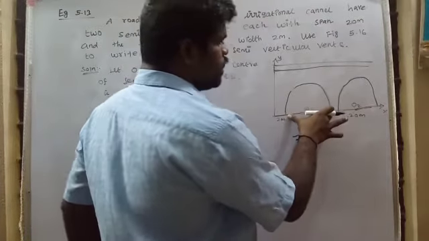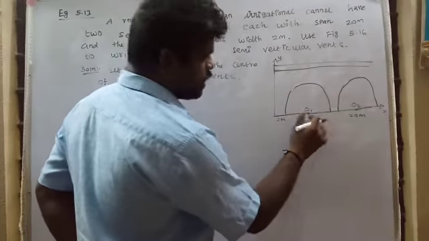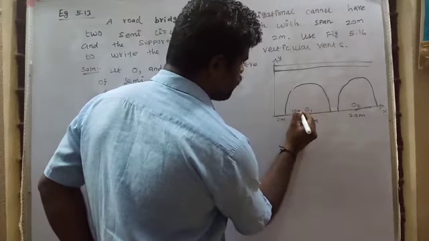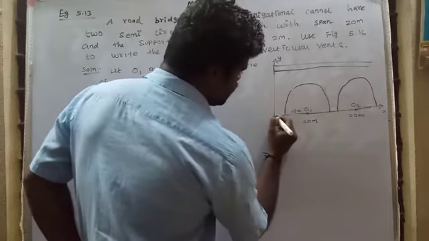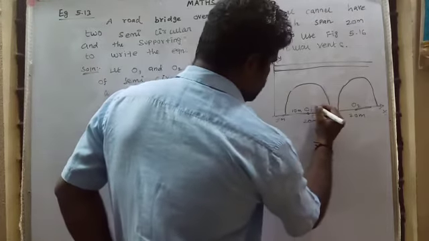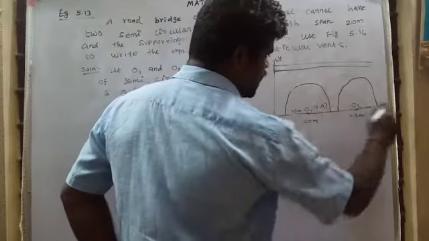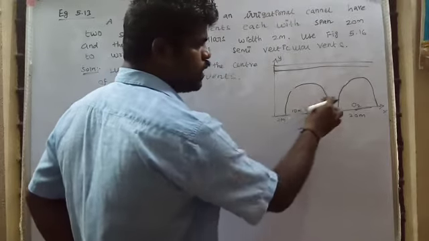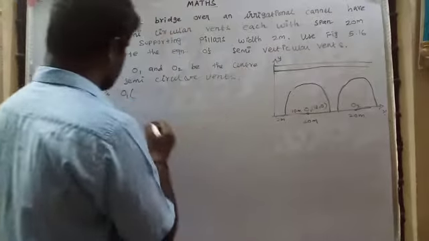The circular vent width is 20 meters, so this must be 10 meters, and the width of the pillar is 2 meters. Totally this point is 12, 0 on the x-axis. So this 10 and this 2, totally 12, 0. This is O1.